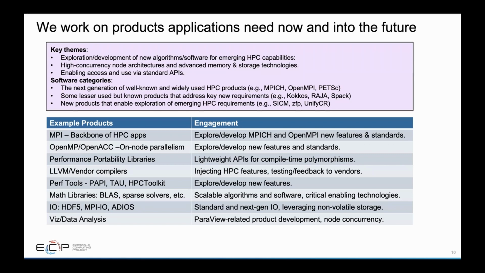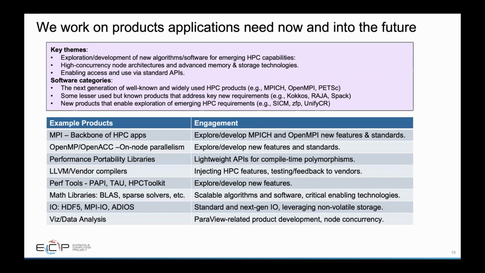We have LLVM, and there's a lot of effort that DOE is putting in LLVM compilers. And LLVM compilers are being integrated in the vendor software stacks as well. We have performance evaluation tools, and these include tools such as PAPI for accessing hardware performance counters on the CPU and GPUs, and TAU and HPCToolkit.